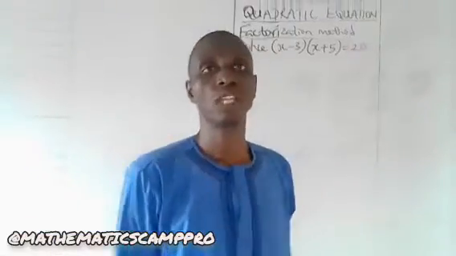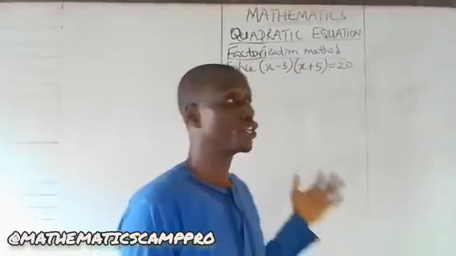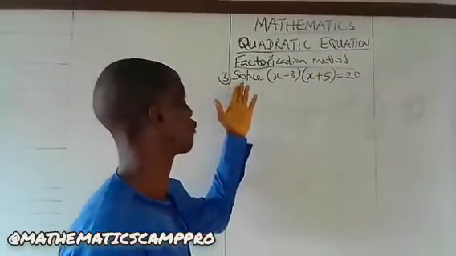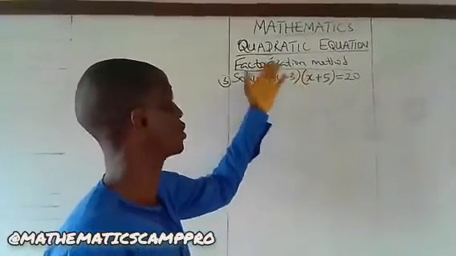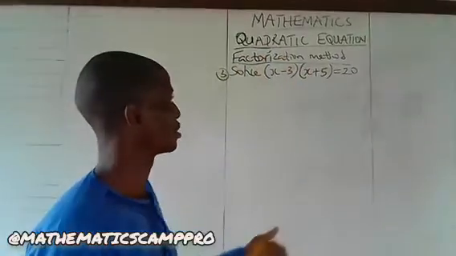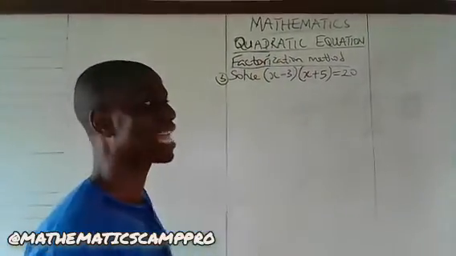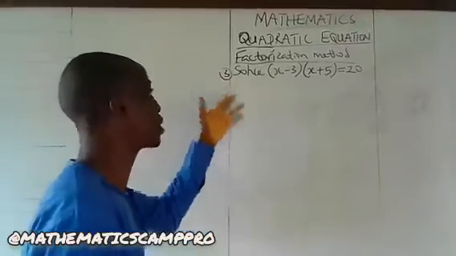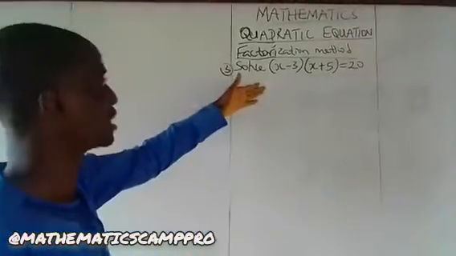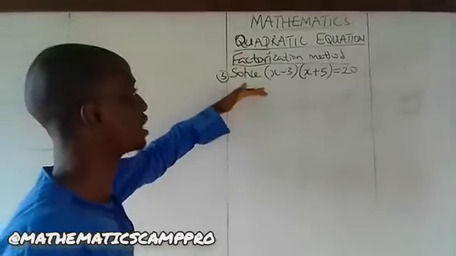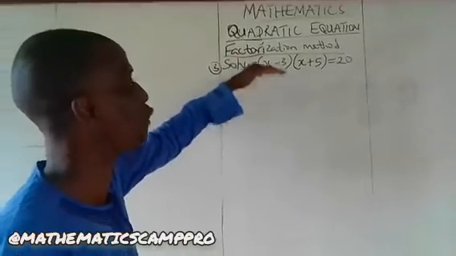Viewers at home, I hope you have been enjoying this video. We are still on the factorization method under the topic quadratic equation. For you to understand it, we are moving to example 3. If you look at example 3 on the board, it's taking another form.